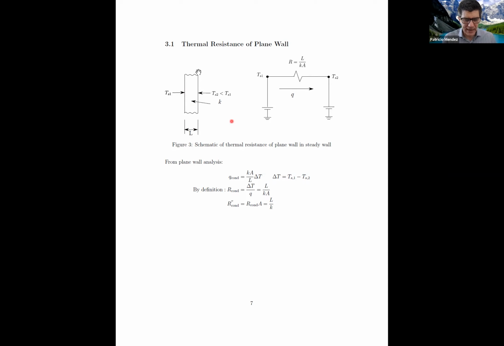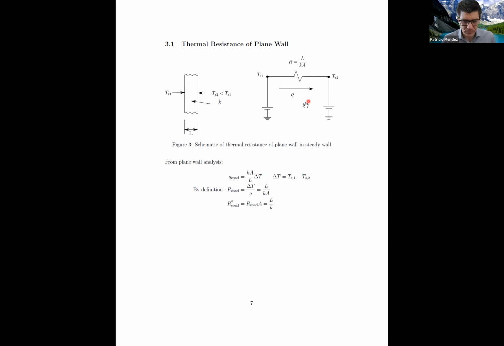What is the analog of this real life problem? The analog is this. We have a resistor that represents the wall. TS1 is one end of the resistor, that means this surface. TS2 is the other end of the resistor and represents the other surface. So this is the wall and the resistance of the wall.